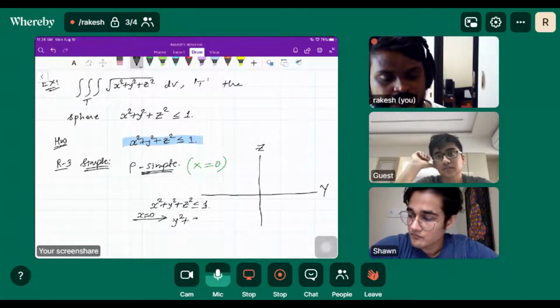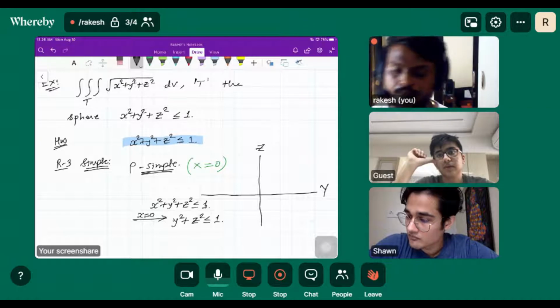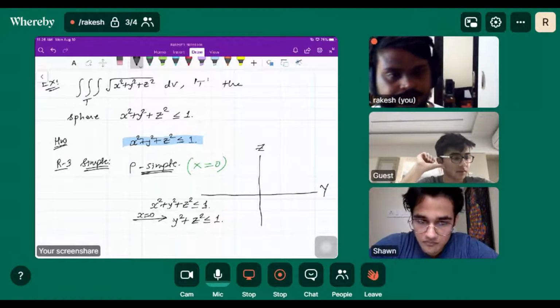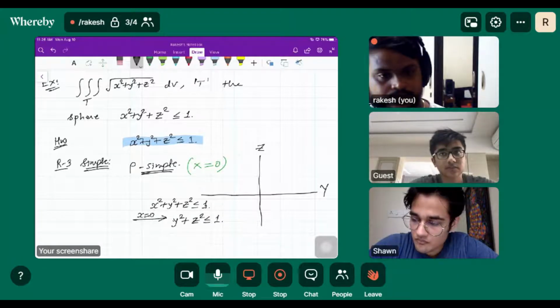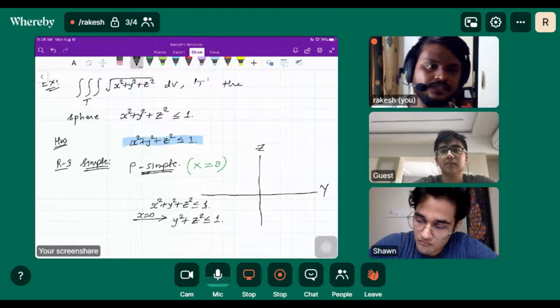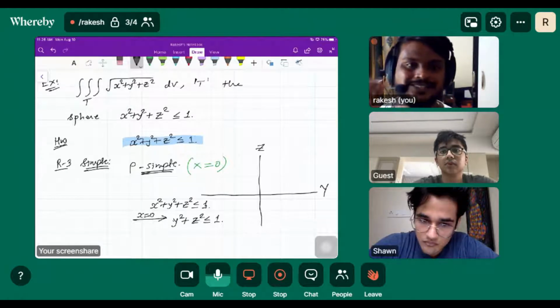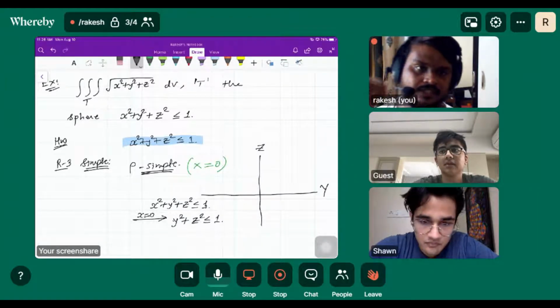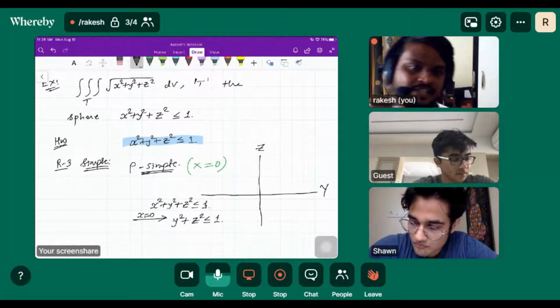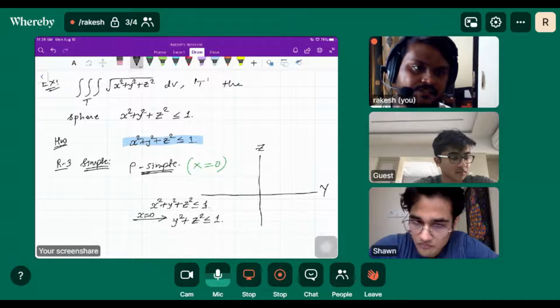y square plus z square less than or equal to 1, right? So what is that? That's a circle. No, that's a disk, the inner region. This one equation gives you the idea of the region here.